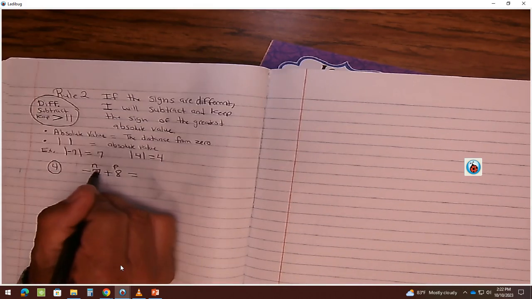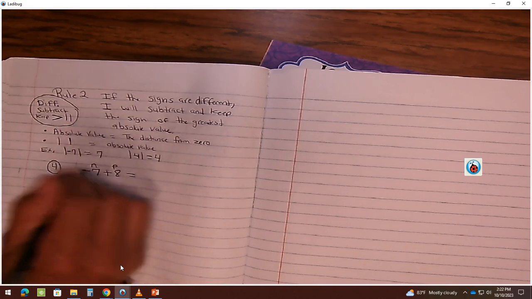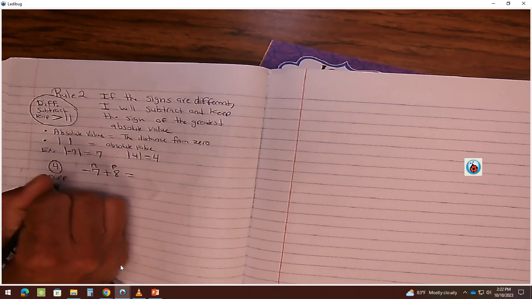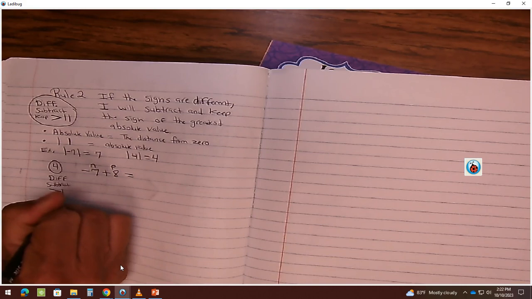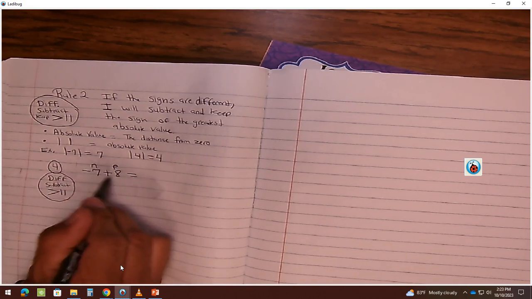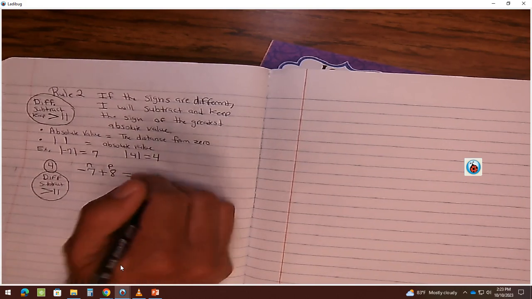Now, this time the signs are not the same, so I will not be using rule number one, same. I will be using rule number two. They're different. So the rule would be diff, and I'm going to subtract, and I'm going to keep the greatest absolute value. So let me subtract. 8 minus 7 would be 1.